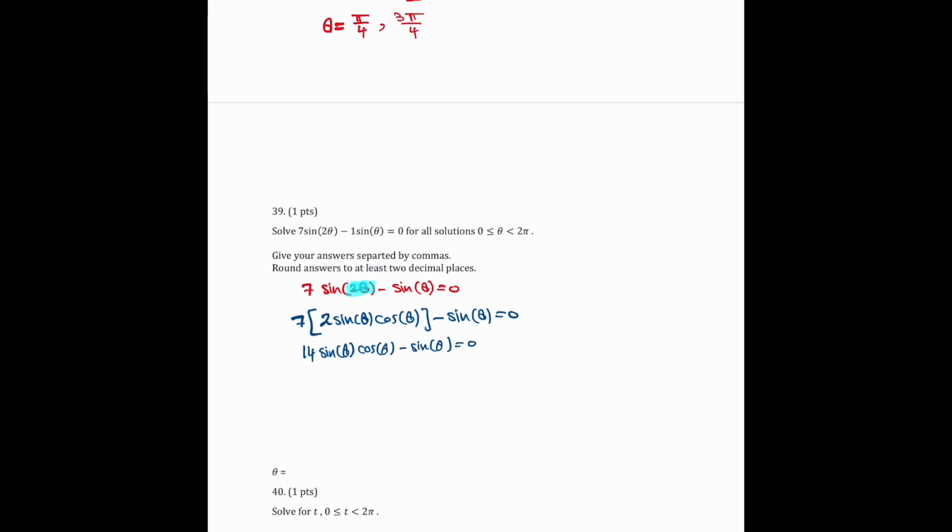I will take sine theta out as a common factor. So I will end up with sine theta times 14 cosine theta minus 1 equals 0.